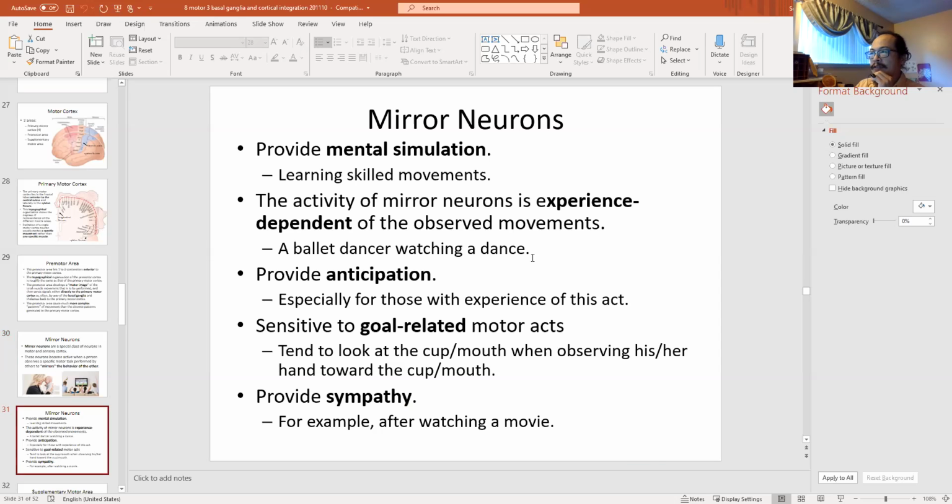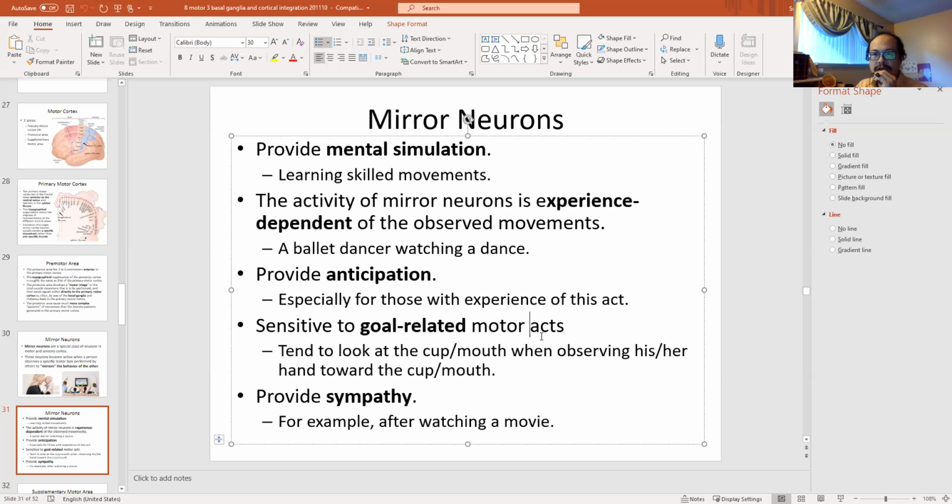So this activity is experience dependent, and that provides anticipation at every moment, because you have the experience, so you kind of know what the next step is. You can also be sensitive to the goal related to the motor action. If you have the experience of pouring coffee into a cup, when people do it, you immediately know the next step is to put the cup under it.